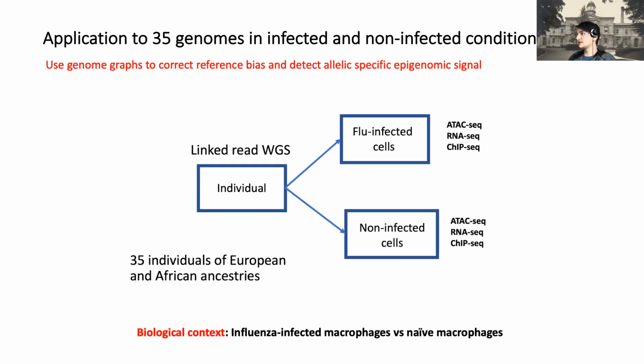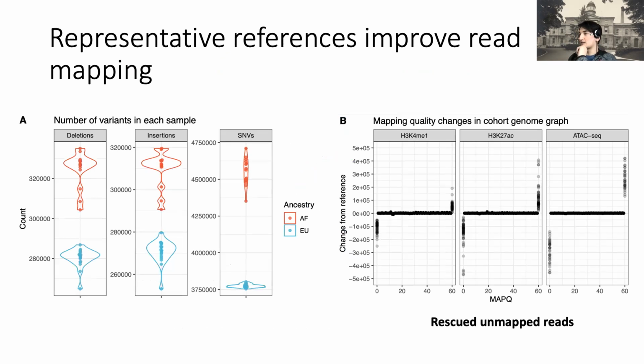So the first step was to use the linked read whole genome sequencing data to call variants, indels and SNPs, and construct the so-called pangenome graph that represents and relates all these genomes together. So as you can see, I recovered around 300,000 insertions and deletions per sample, and about 4 million SNVs per sample, right?